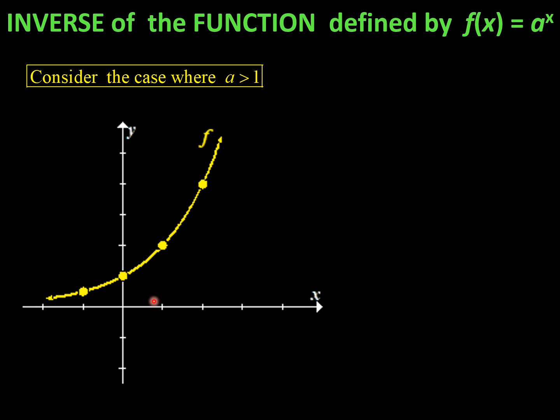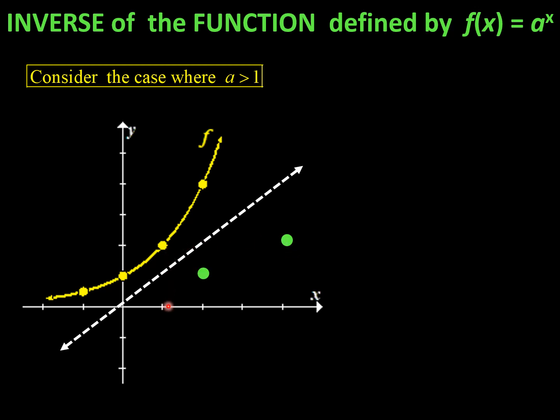Okay. So if you want to determine the inverse, we need to reflect that in the line y equal to x. In other words, the x and the y's must be interchanged. So let's interchange each of those points. This point here is 2 and 4, so now we look for 4 and 2.